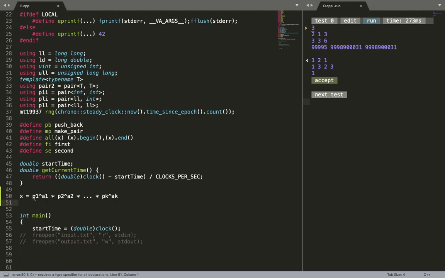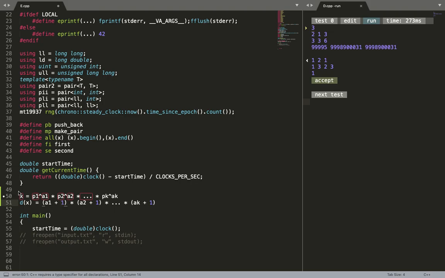If we have this form, then the number of divisors is the product of brackets, where every bracket is the power of this prime plus 1.